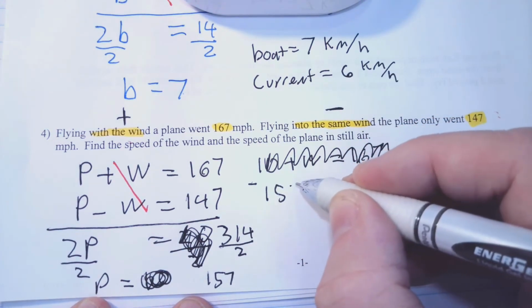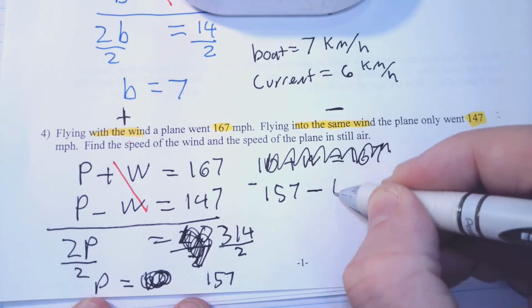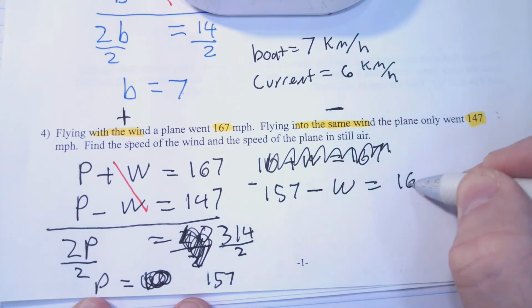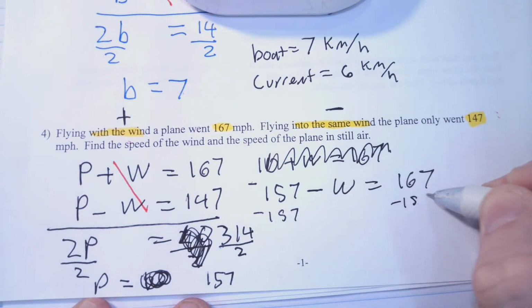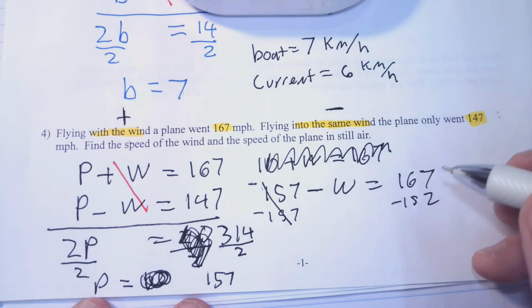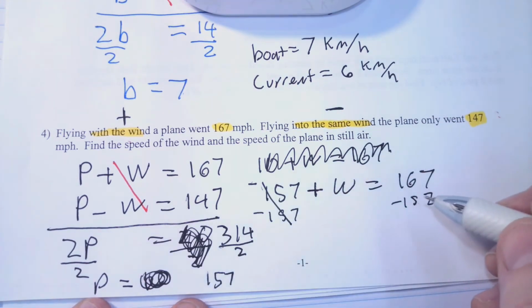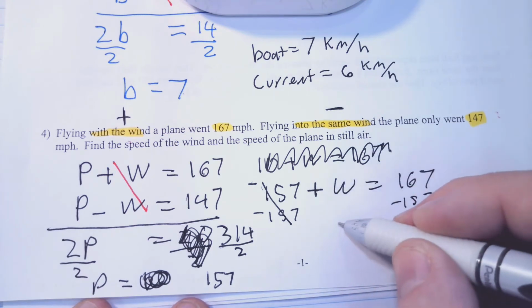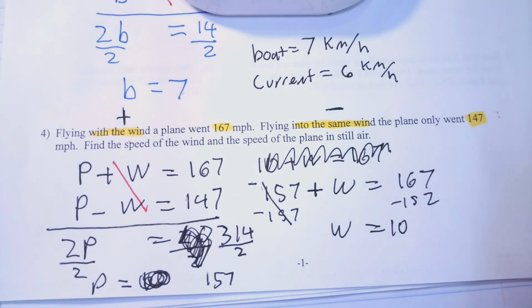So 157 minus W equals 167. I did, that's plus. I was about to say that's not right. So the wind is going to equal 10. That makes sense.